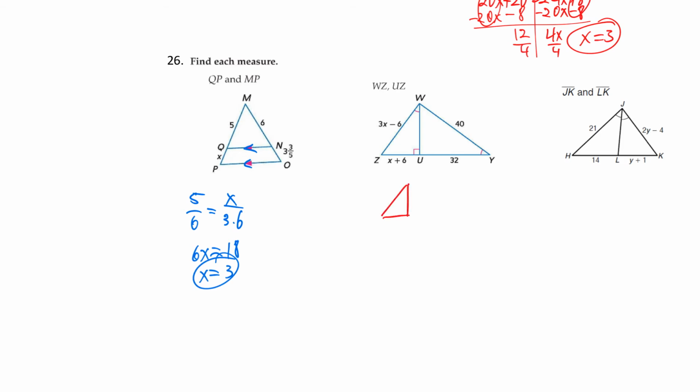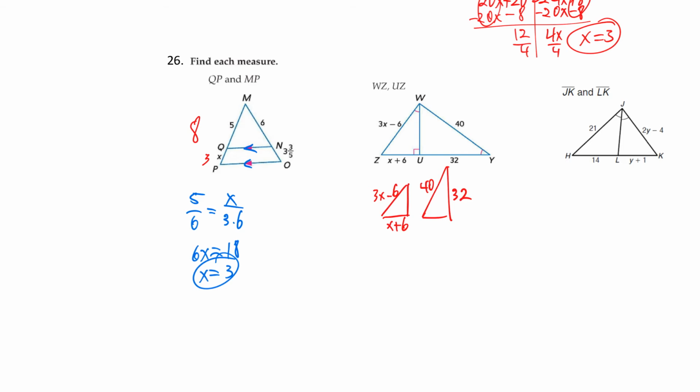Okay, so it's like this. So this is 3, and then the whole thing is 8. Okay, so 3x there, 40 there, and then x plus 6. This is 32. And then the bottom is.